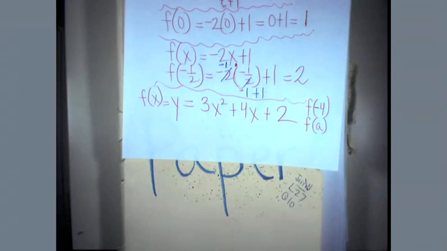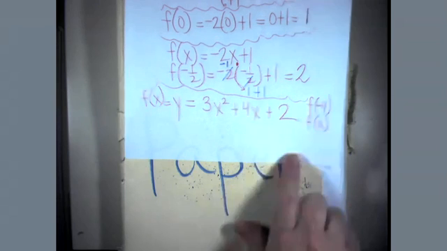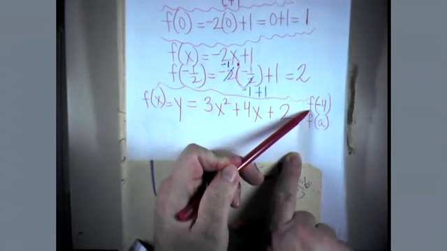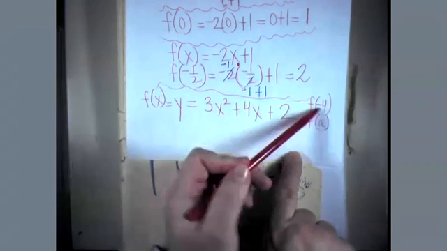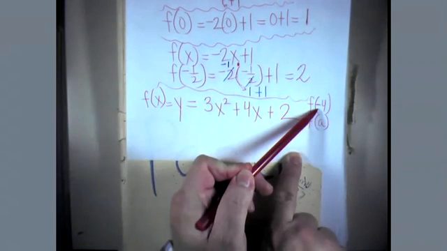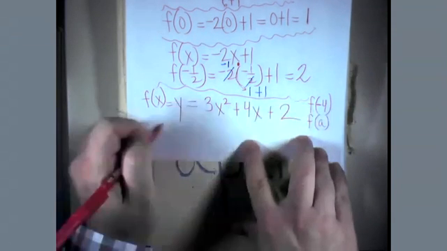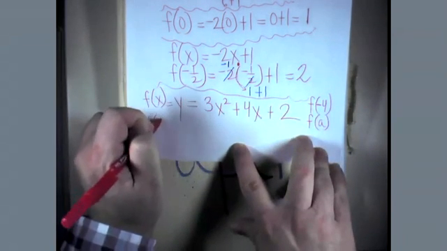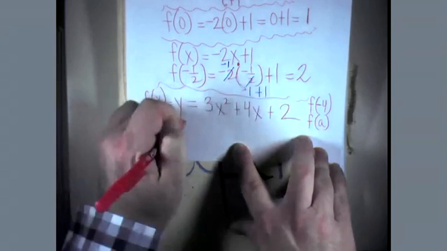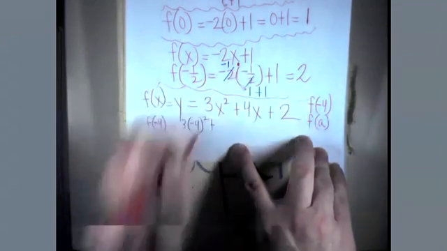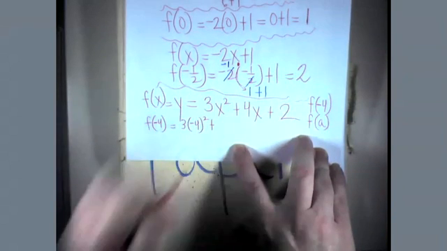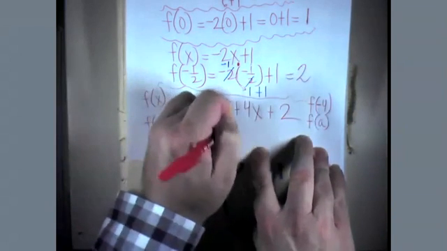Let's find f of -4 first. All this notation means is that wherever you see an x in your function, replace it first with -4. So we have f of -4 equal to 3 times -4 squared plus 4 times -4 plus 2.